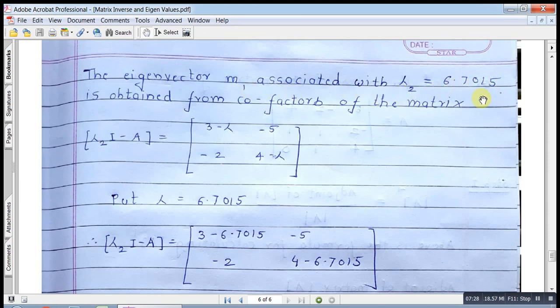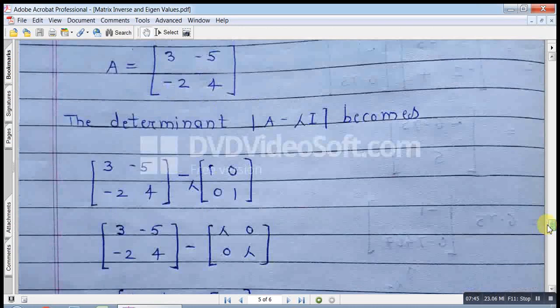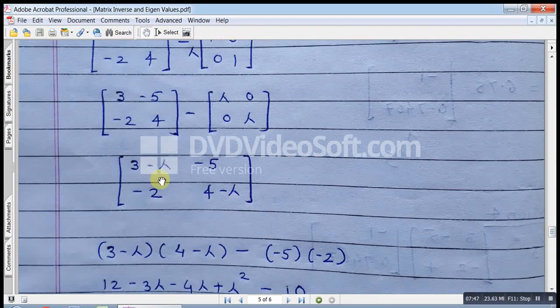So same as we calculated over here: 3 minus lambda, minus 5, minus 2, 4 minus lambda. Here lambda we have considered as lambda 2. So put lambda equal to 6.7015.